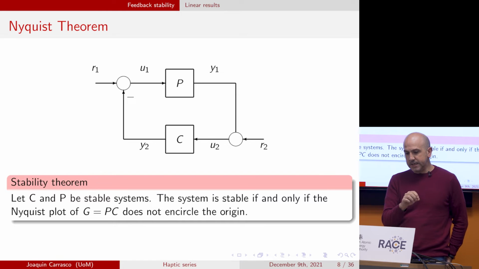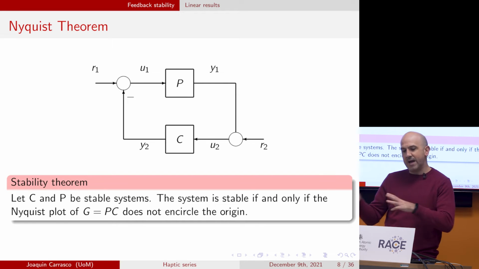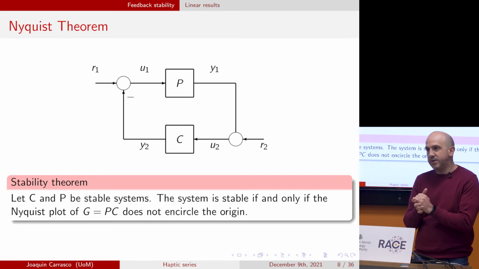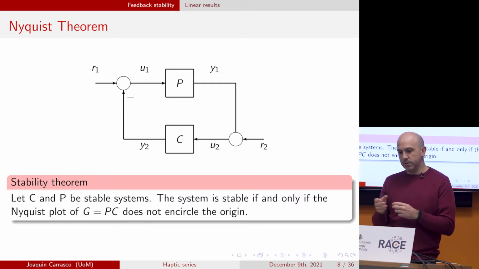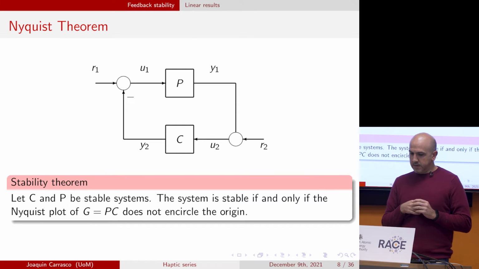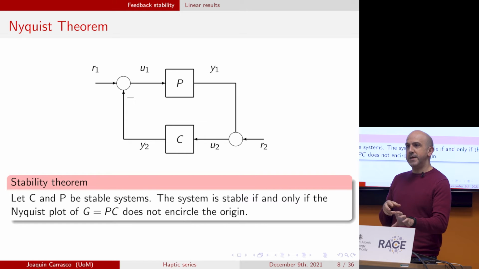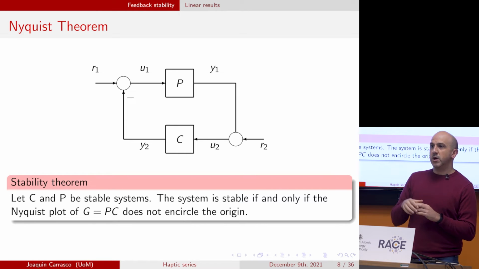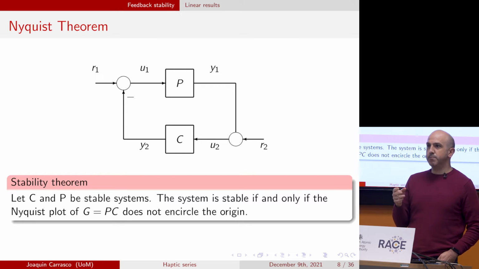You can have a more general Nyquist theorem when either P or C or both are unstable, but for us, first, let's assume that P and C are stable. So if I don't encircle the point -1 in the Nyquist plot, then the system is going to be stable.